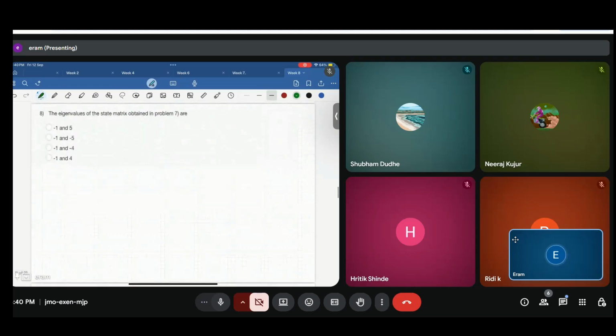Okay. Calculate the eigenvalues of the state matrix. Your state matrix was 0, 1, 5, 4.